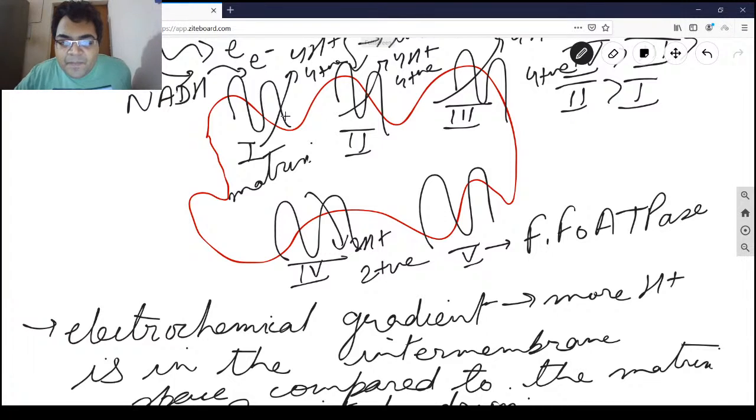So inside will be more negative, and outside will be more positive, right?